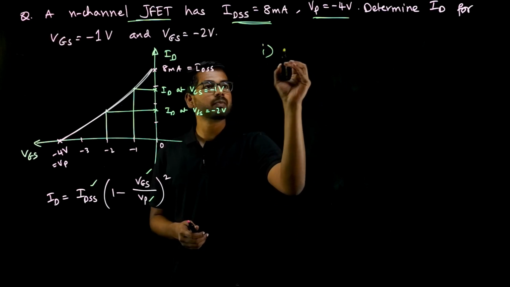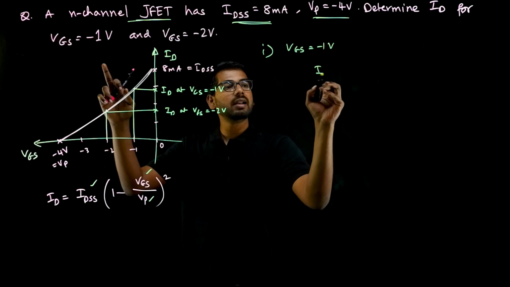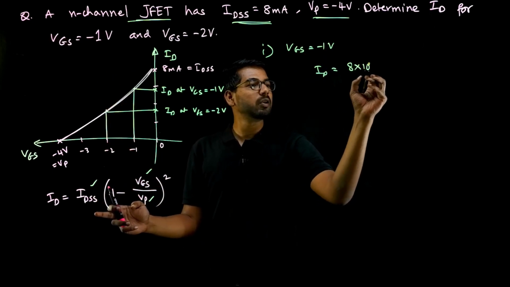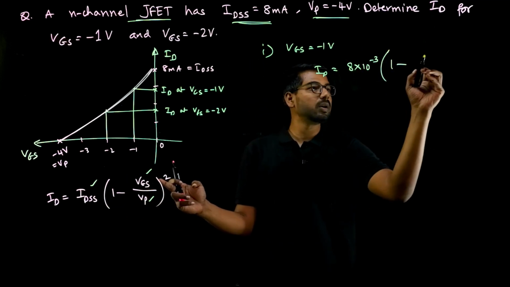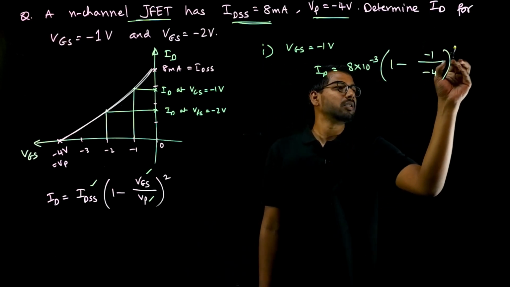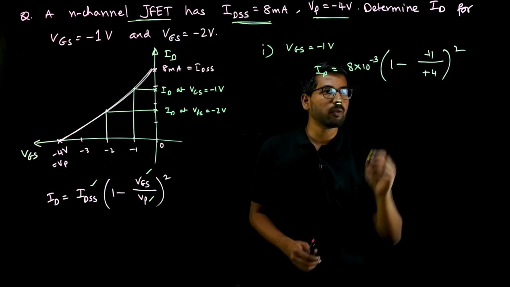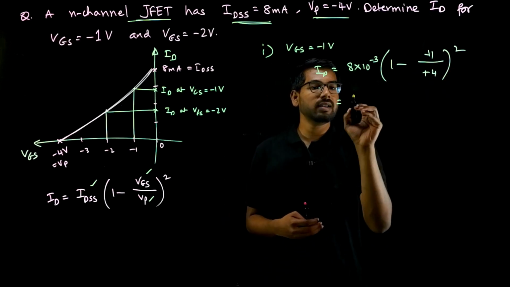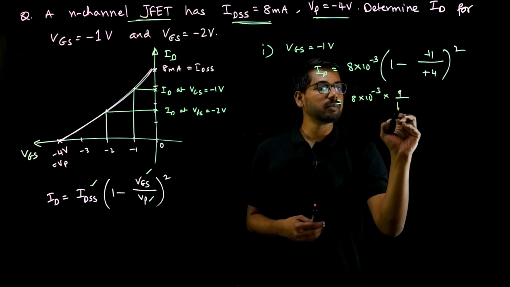So for case 1, when VGS is minus 1 volt, what is ID? IDSS is 8 into 10 power minus 3, into (1 minus VGS, which is minus 1, over VP, which is minus 4) whole square. Minus and minus become plus, so 1 minus 1 by 4 is 3 by 4. 3 by 4 square is 9 by 16.